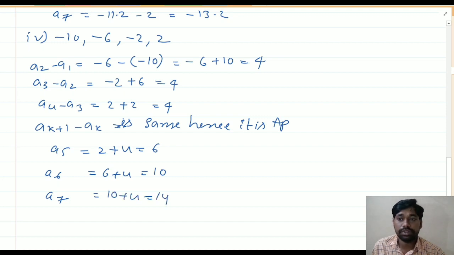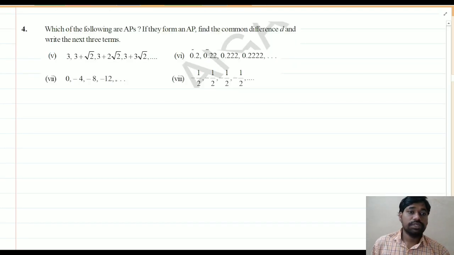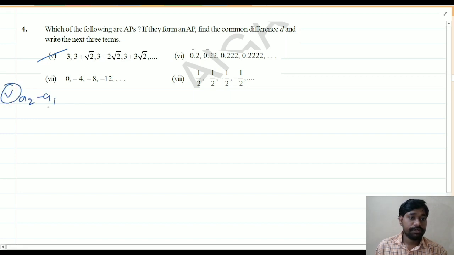Okay, my dear students, I hope you understood. Same way, the fifth part, 6, 7, 8 are there here. So the fifth question: A2 minus A1, it is 3 plus root 2 minus 3. 3 will become 0, we will get root 2.